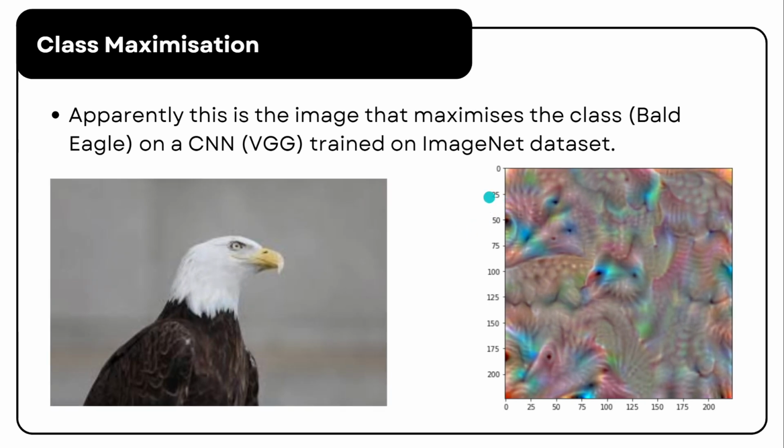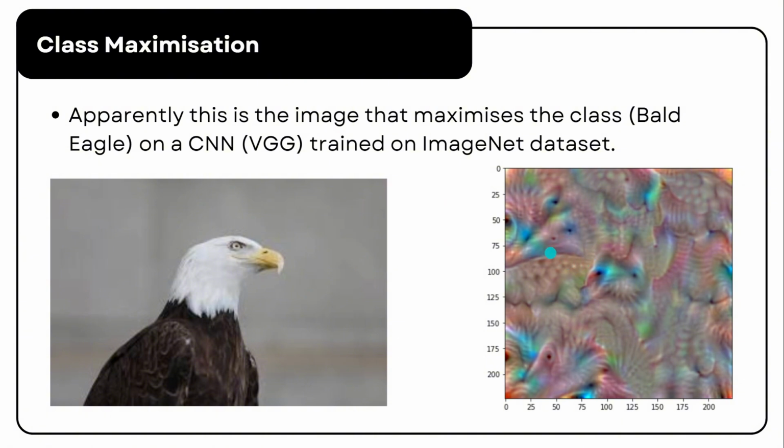Okay, so let's take a look at this. The image on the right is particularly interesting. This is the result of what's called class maximization. What this means is that it is the image which, when we fed into a convolutional neural network, in this case a VGG model trained on the ImageNet dataset, maximizes the output probability for the bald eagle class.